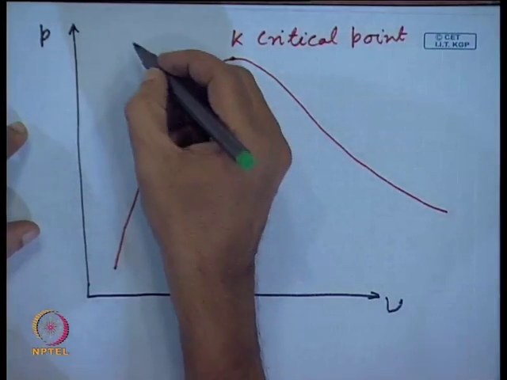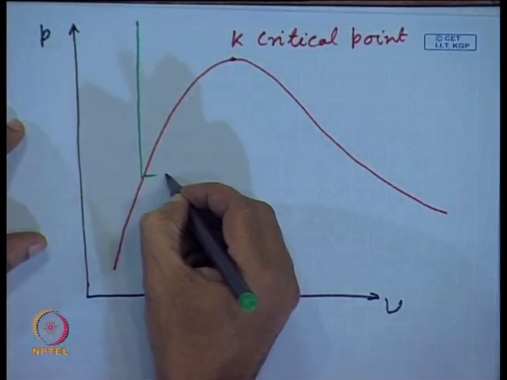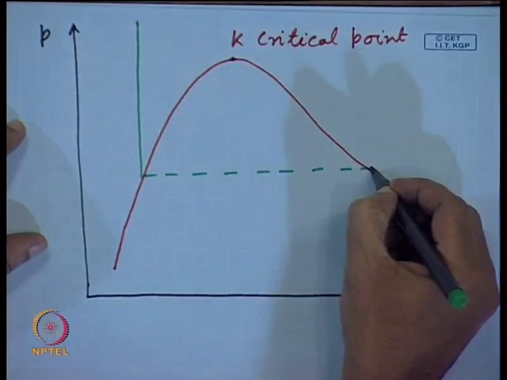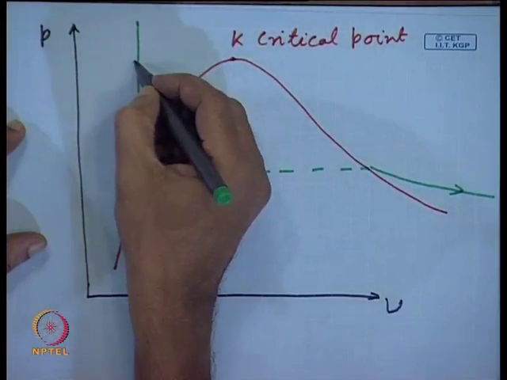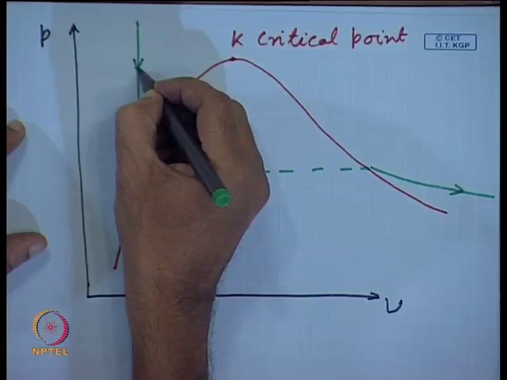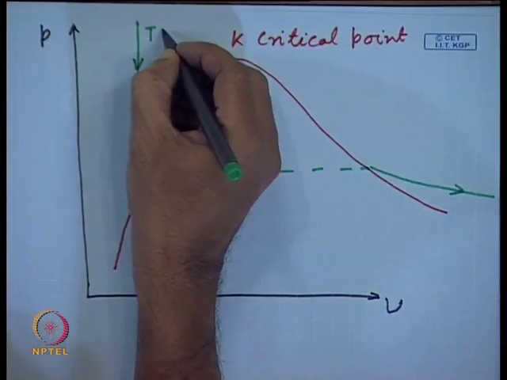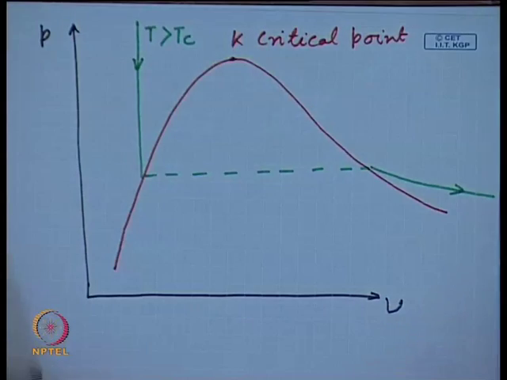Now, a normal isotherm in most of the textbooks is represented like this. This is an isotherm. And here this isotherm temperature is constant, this is below the critical isotherm. So, this is a normal isotherm which is represented in most of the textbooks.